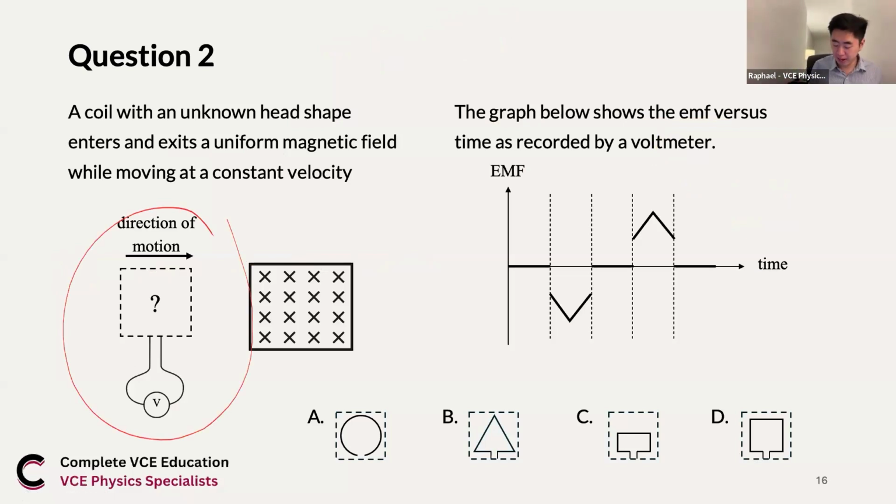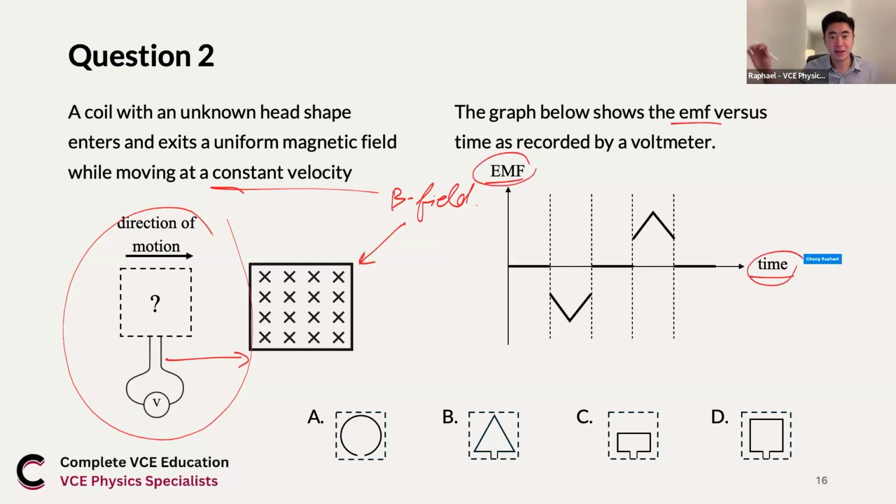It is going to enter into a B field at a constant velocity. The graph of the EMF versus time is shown on the right-hand side. The question is to select the correct shape of the coil that enters and exits the field.